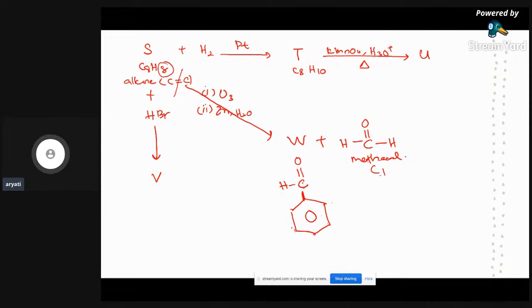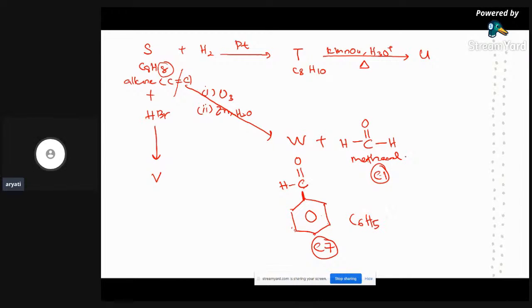Kenapa saya lukis macam ni? Sebab metanol dah ada satu karbon. Number of carbon is 1. Okay, so means W mesti number of carbon dia 7. Kalau saya lukis benzene ialah C6H6. Kalau saya tambah satu lagi karbon, bila saya buang satu H untuk terikat dengan karbon, dia jadi C6H5.